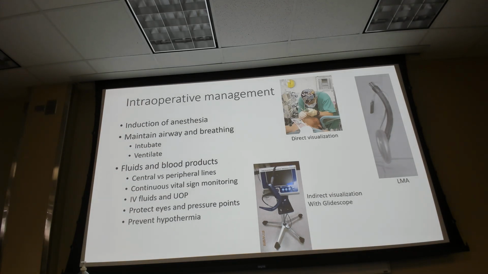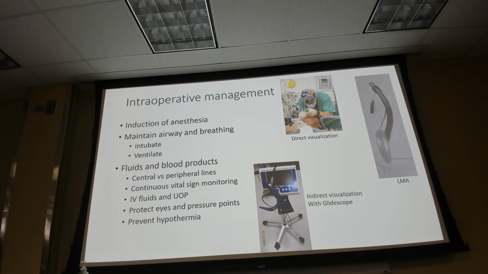All right, and like I just said, for maintenance, we have our induction, but then we have to maintain everything throughout whatever procedure we're doing. A lot of times with general anesthesia, those patients aren't going to be able to protect their airways, so we have to intubate them. They're usually on some sort of continuous fluids, and they have to be monitored with their vital signs the whole time.